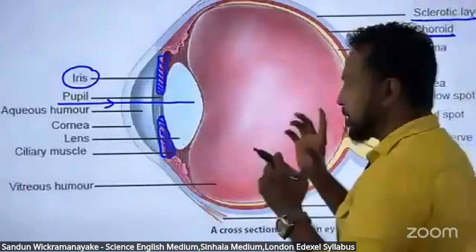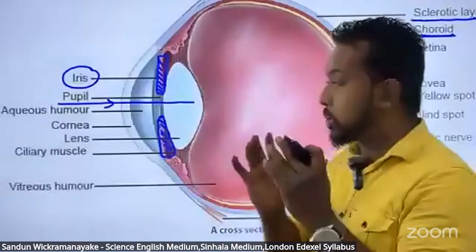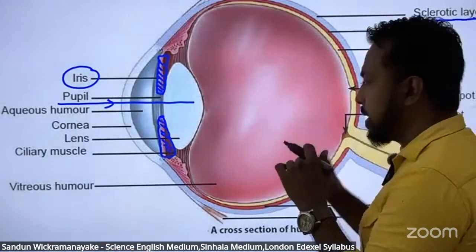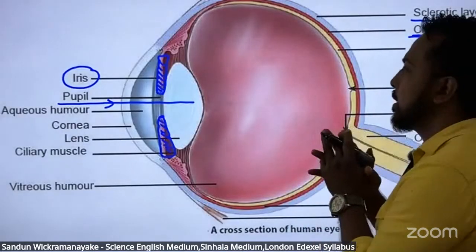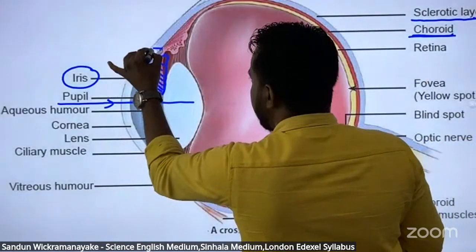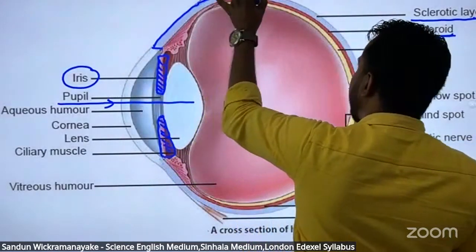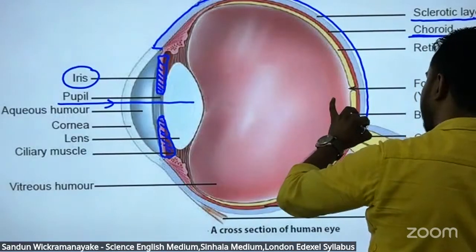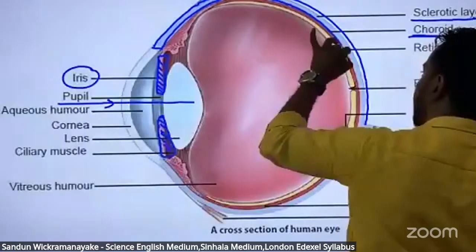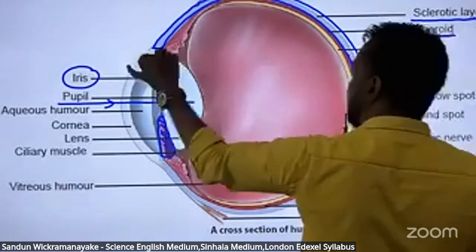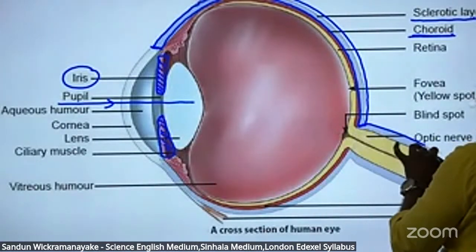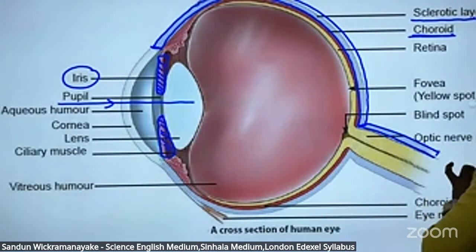We are going to enter some light rays inside this human eye. Look at this. It will enter like this. Look at this sclerotic layer, it's a white color layer. It starts from here, ends here, and goes like this, right?